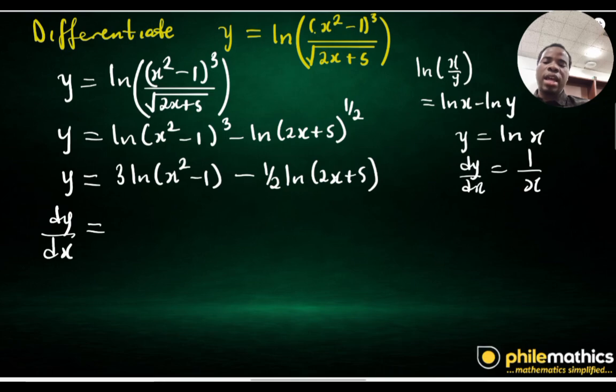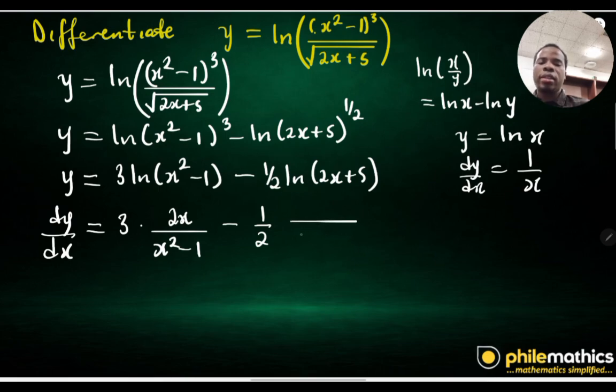If we differentiate the outside, we'll have 3 multiplied by 1 over x squared minus 1, but the inner function, x squared minus 1, if you differentiate it, you have 2x. The same thing happens here. 1 over 2, differentiate the log of this, you have 1 over 2x plus 5. If you differentiate the inner one, it is simply 2.